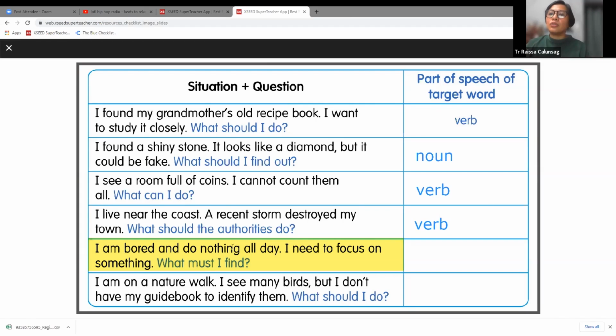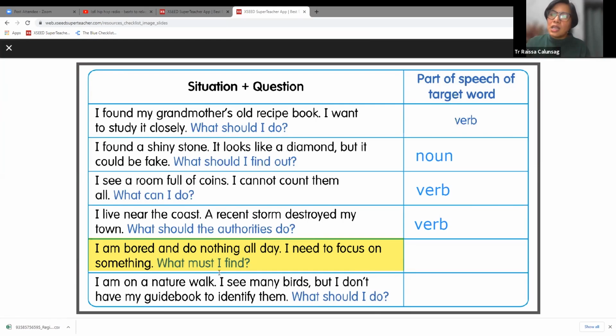So, I am bored and do nothing all day. I need to focus on something. What must I find? Look, the question here is asking for something. It's not asking you to do anything the same way the other ones have. For example, it says here, what should I do? What can I do? What should the authorities do? We know that it's doing, and when it's doing, then we look for a verb.